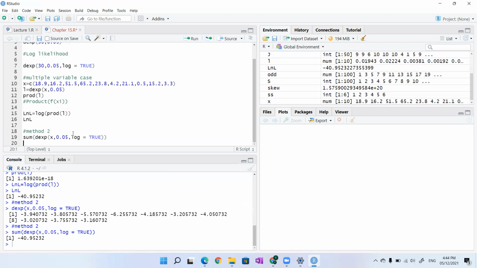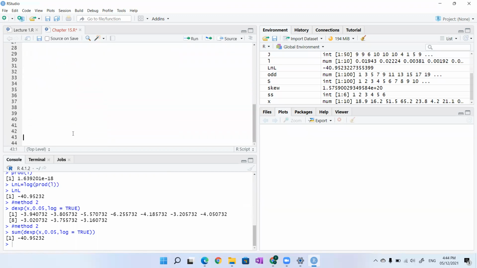Let's look at a few more examples. You learned how to solve the log likelihood now. You need to calculate the PDF of the value 50, given that it follows a gamma distribution with parameters 6 and 0.1.